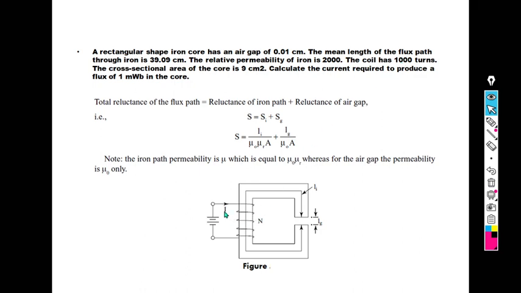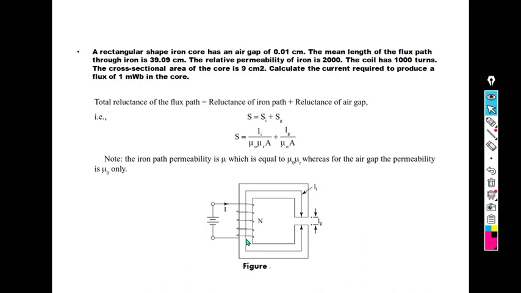So Ni is equal to phi into S, since phi is given. So you have to find out S, the reluctance of the iron and of the air gap. The combination of the iron and air gap reluctances gives the total reluctance.